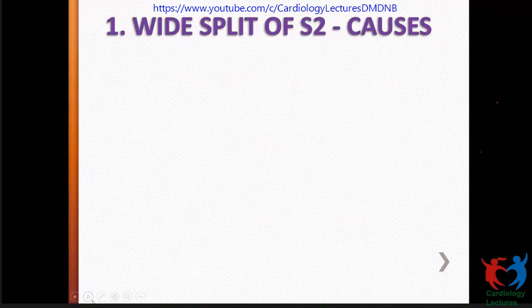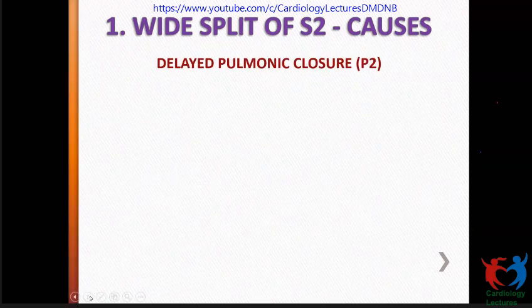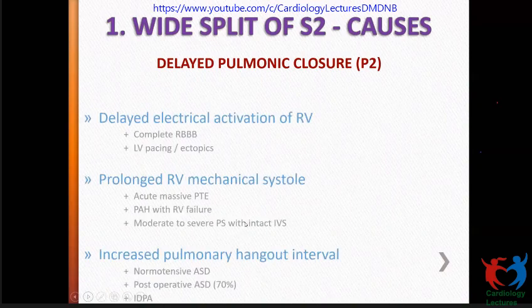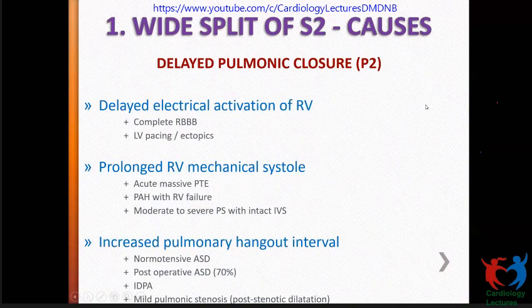What are the causes of wide split S2? I'm sure all of you know that there are typically three causes here. There are two things. I'm sure you know eight causes of wide S2. Wide fixed, there are definitely three causes, but wide variable, there are lots of causes.